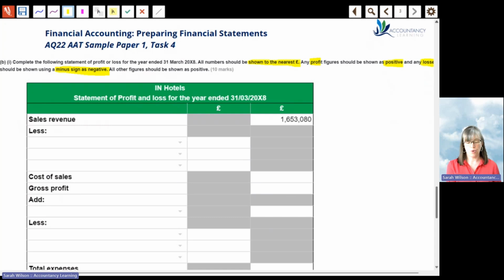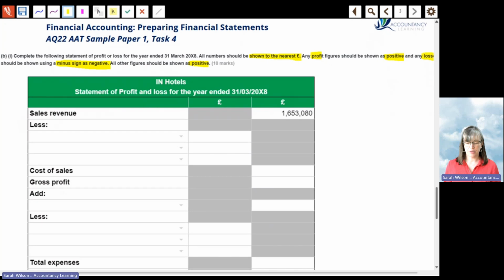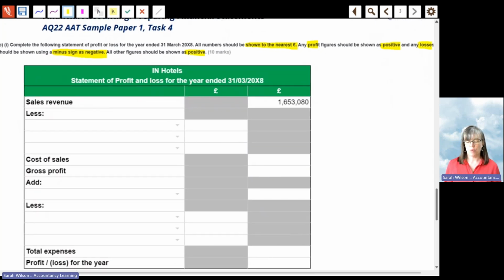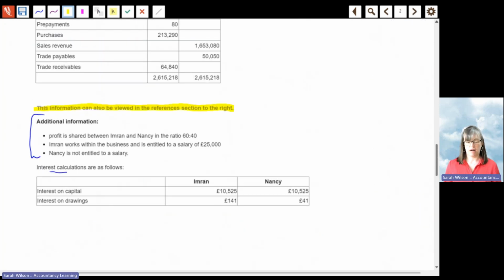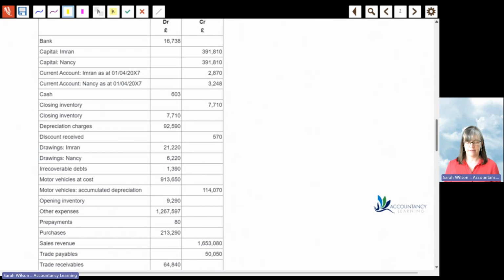But importantly, all other figures should be shown as positive. So just looking at this statement of profit or loss, we can see that in the question, we've already been given our sales revenue figure. So now we need to have a look at what else we're going to be putting in our statement of profit or loss. So let's go back and have a look at our trial balance.